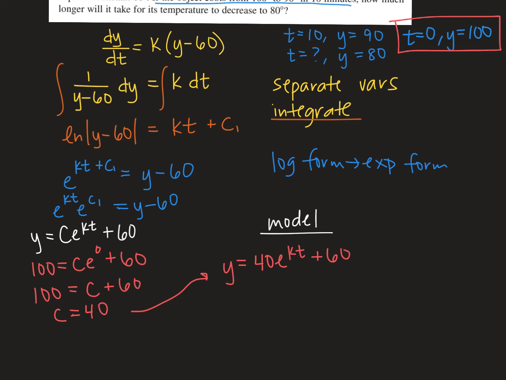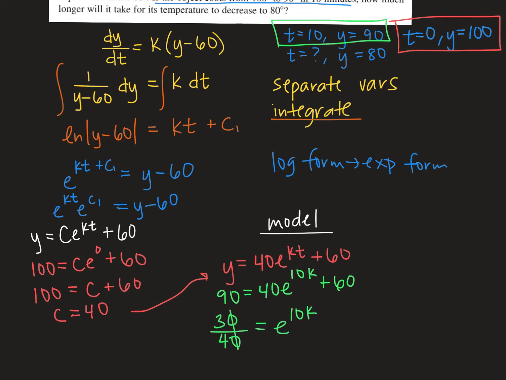Now I'm going to use this piece of information to plug in to solve for k. So a lot of the same stuff over and over. 90 equals 40 e to the 10k plus 60. We want to first subtract 60 from both sides, then divide by 40 on both sides. So I'll have e to the 10k over here.